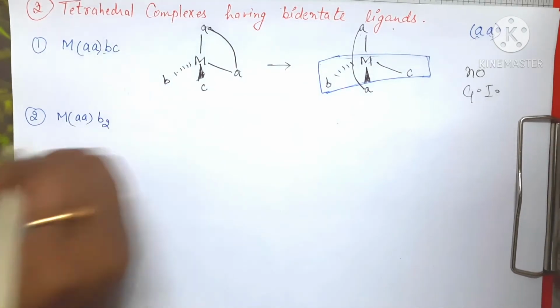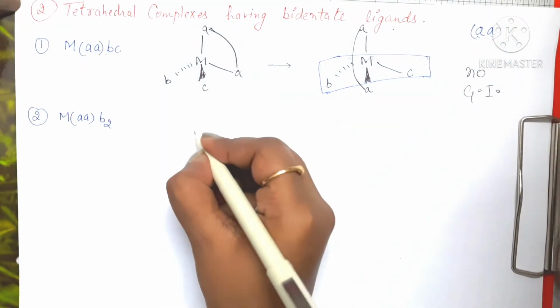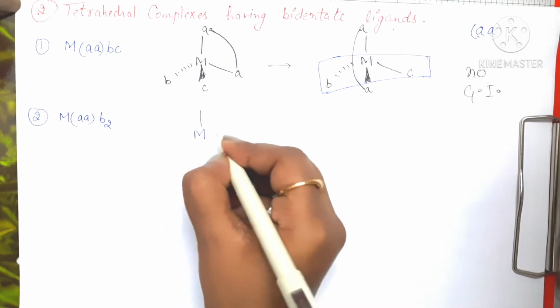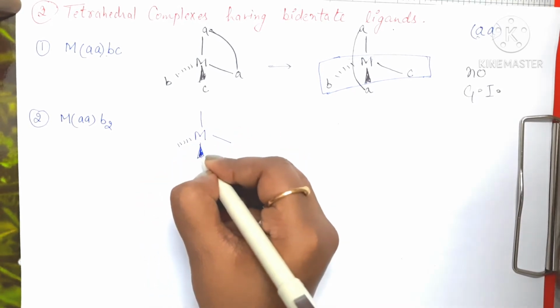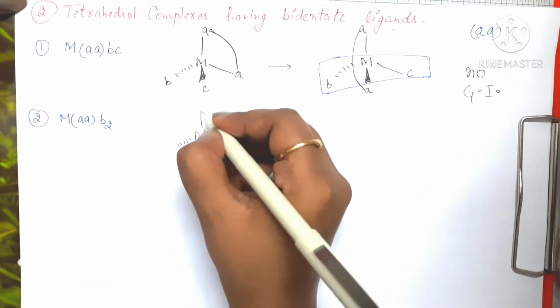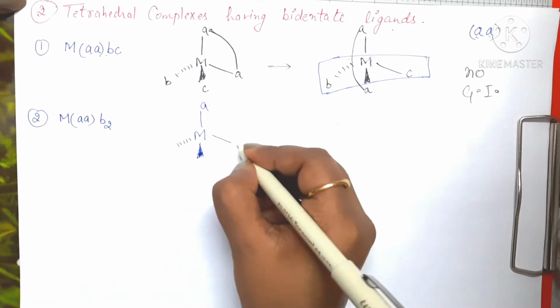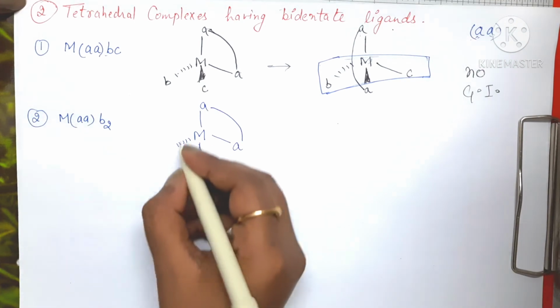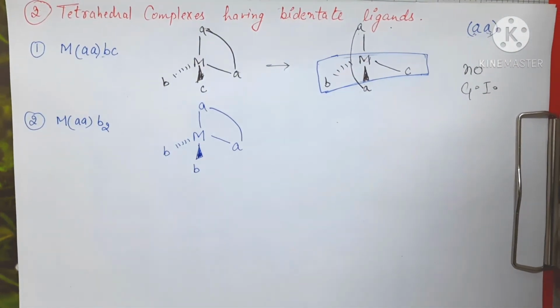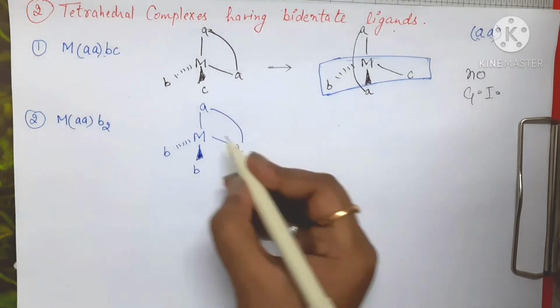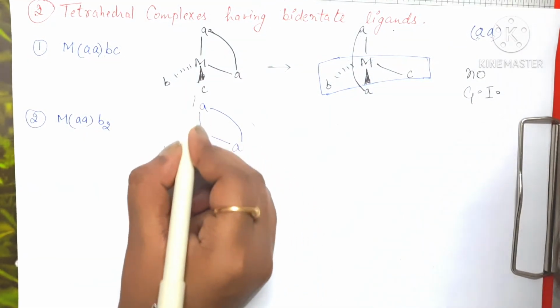Now what happens here, suppose here is the bidentate ligand, here are two B. So what you can do, you can have either a plane through this metal and this bidentate ligand.